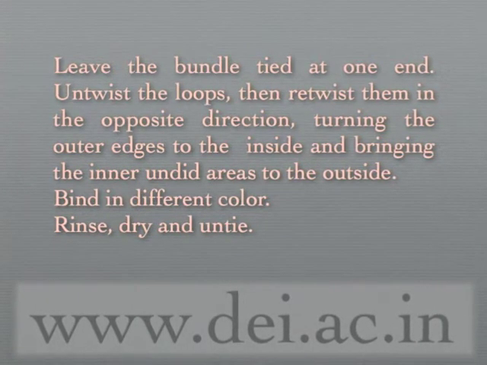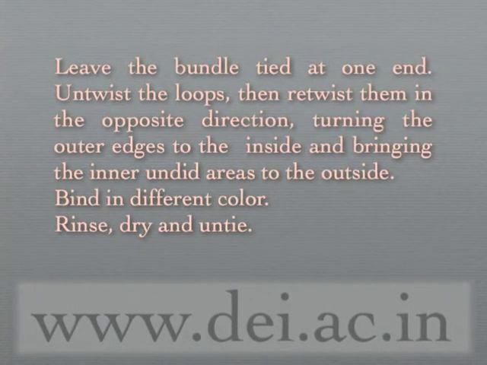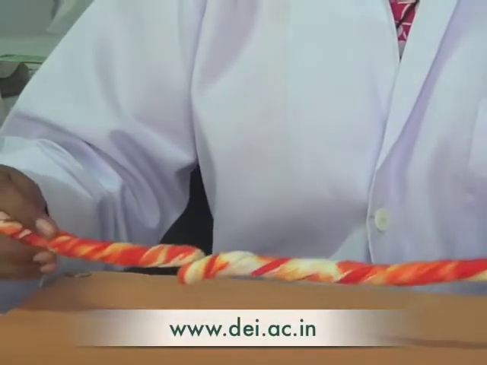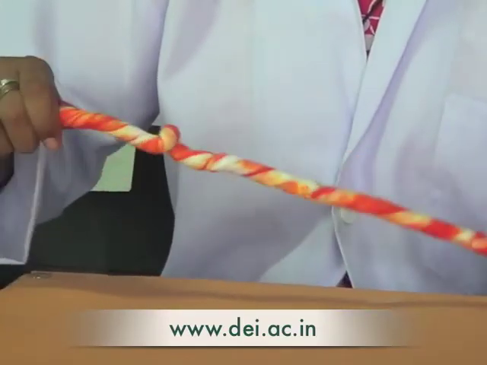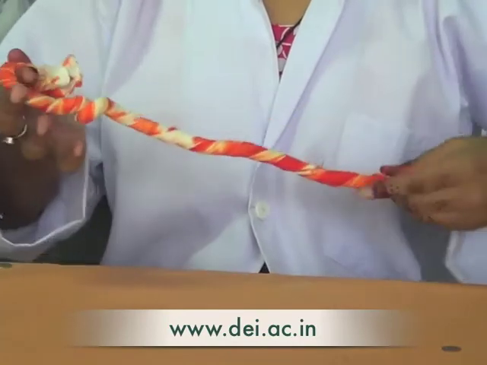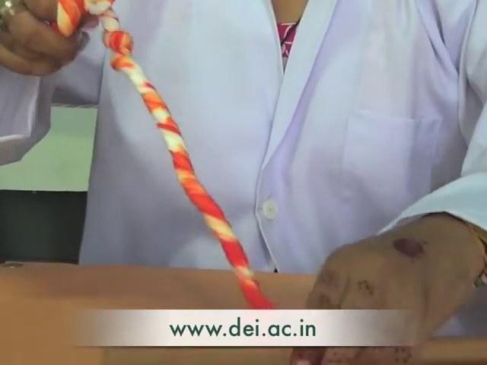Rinse, dry, and untie. A length of cloth may be twisted into a coil, wrapped round a base and bound before dyeing.